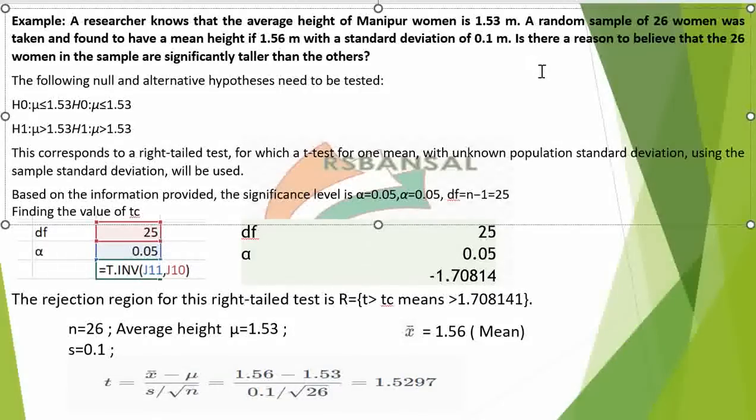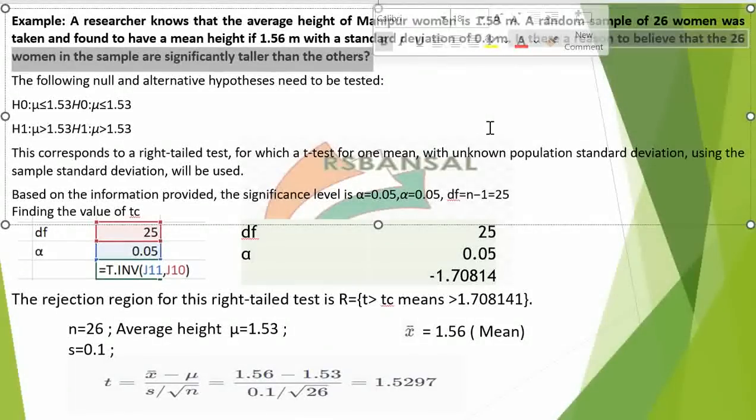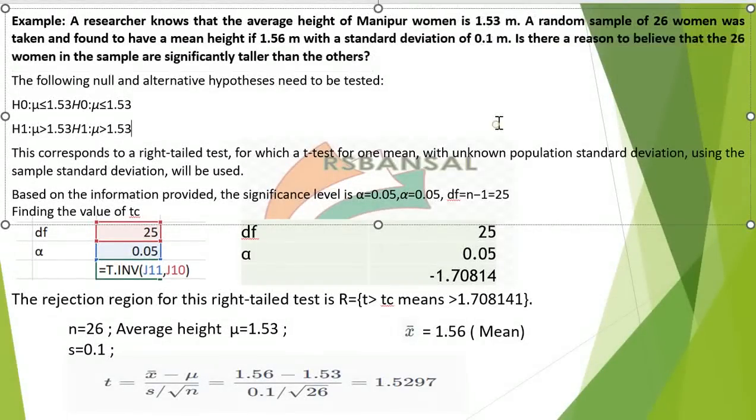But they conducted a random sample of 26 women and found that their mean height is 1.56 meters with a standard deviation of 0.1 meter. Is there a reason to believe that the 26 women in the sample are significantly taller than the others? So this you have to check.